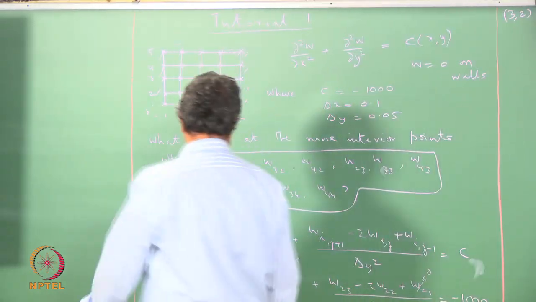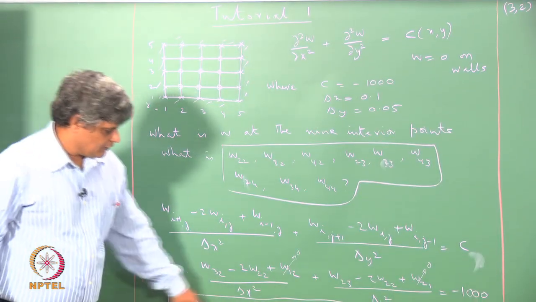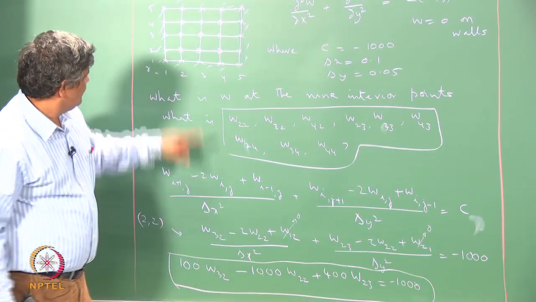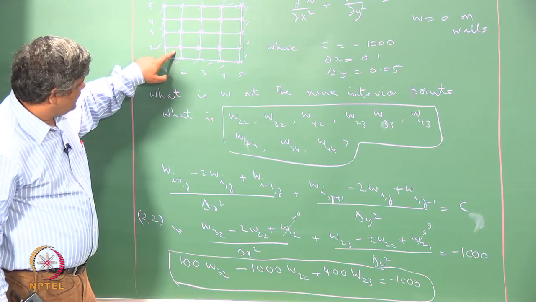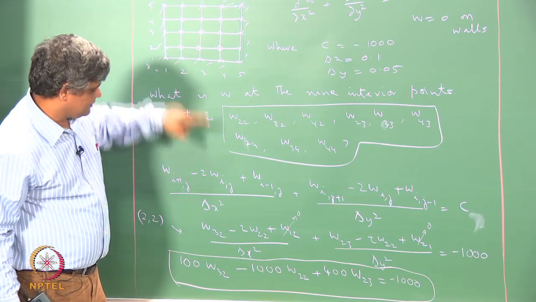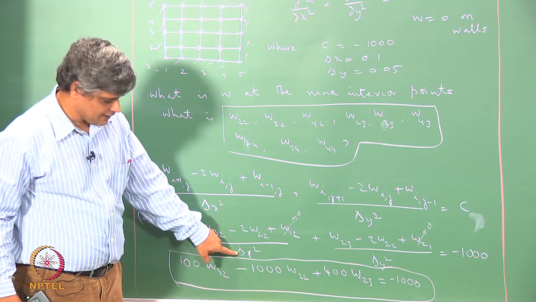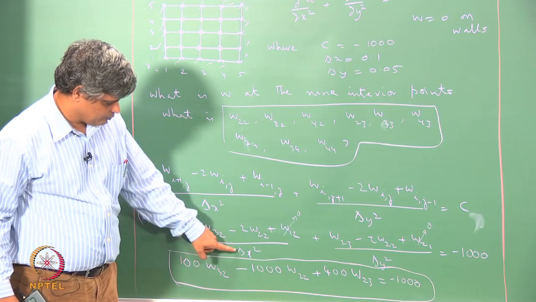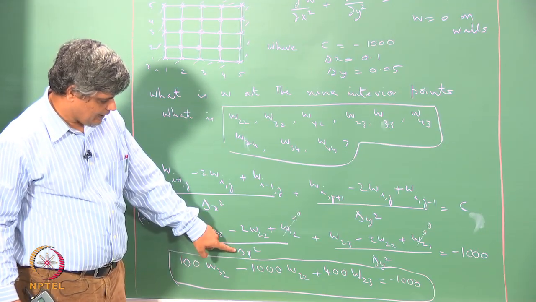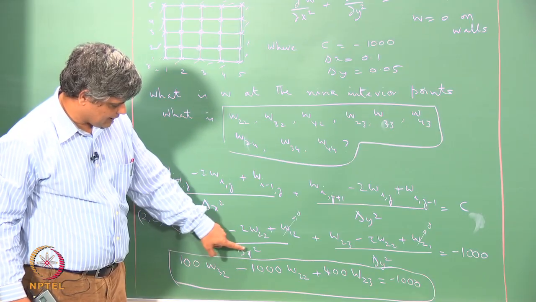Okay, so we are essentially following this lead here. For this point, variation in the x direction, that is why we have this W32, and that gives us a multiplying factor of 100, because this delta x is 0.1 and 0.1 square is 0.01.